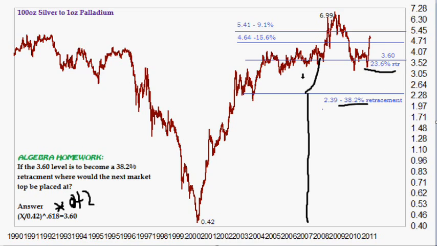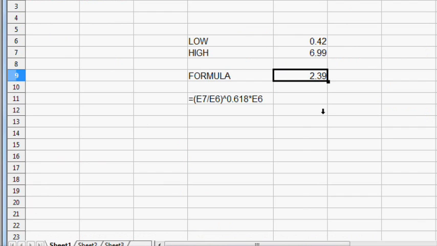So let's get on with the calculation, and I can use trial and error within this. We have the low of 42 cents, the high of 6.99, and the formula is this below here: high divided by low to the power of 0.16, multiply the low again.